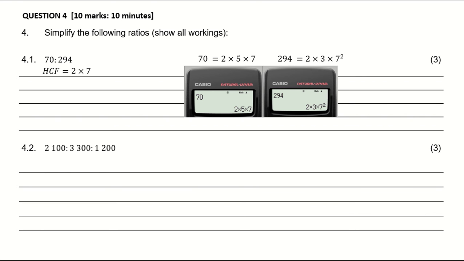That's our HCF will be 2 times 7. 2 times 7 will give us 14. Then you will divide each of those parts by 14. 70 divided by 14 and 294 divided by 14, that will give us 5 is to 21. Try the next one.